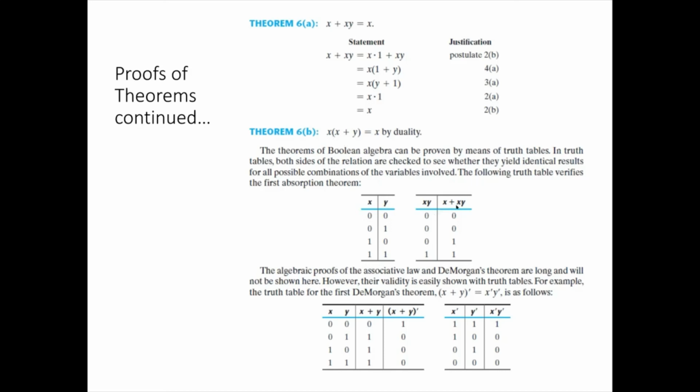So this is just saying that using the appropriate postulates and theorems, you can simplify this to essentially this, right? And then you'll find the result is just x, right? So whatever x is, 0, 0, 1, 1, it's the same as x or x ANDed with y.